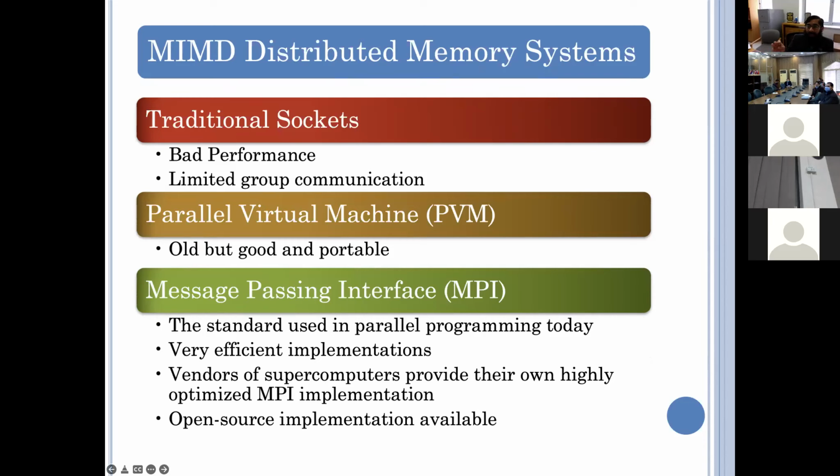For example, if I have written a program on 4 machines, like the laptops at GIK, I can say GIK 0, GIK 1, GIK 2, and GIK 3. What if I would like to run the program on QAU 0, QAU 1, QAU 2, and QAU 3? I have to change all the IP addresses. That is very difficult as far as portability is concerned.